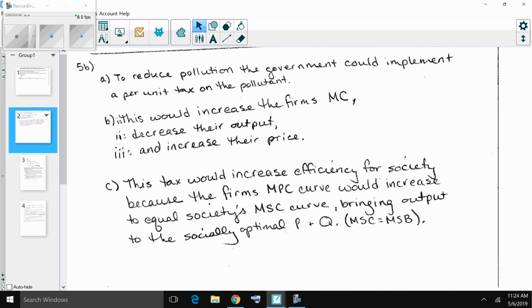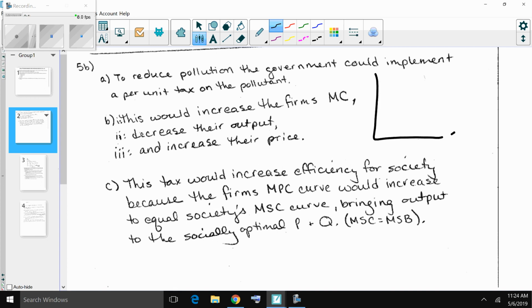Okay, so there is the shift. Now I'm going to graph that real quick just so you can see. You have P and Q, and you have MC, and you have MR = D = AR = P. Originally we were producing right there.